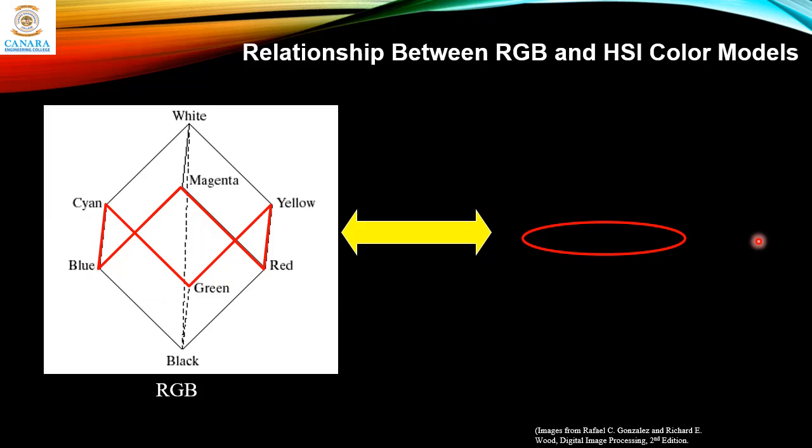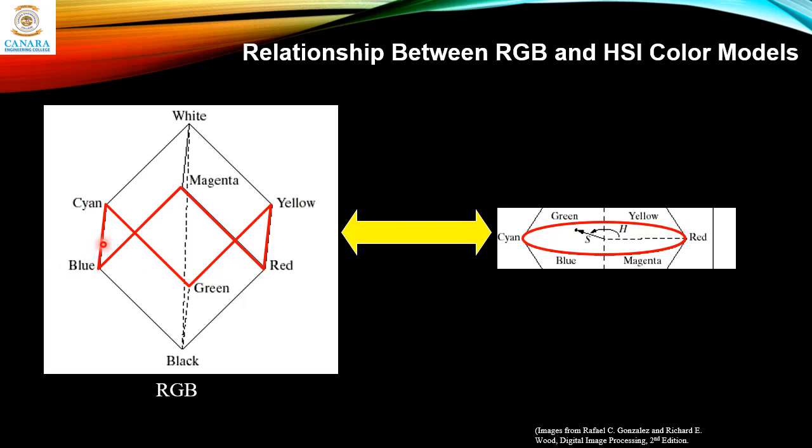Now if you turn this into a circle, then the relationship will remain the same. So we have blue here and green here. In between blue and green we get cyan, and between green and red we get yellow, and between red and blue we get magenta.